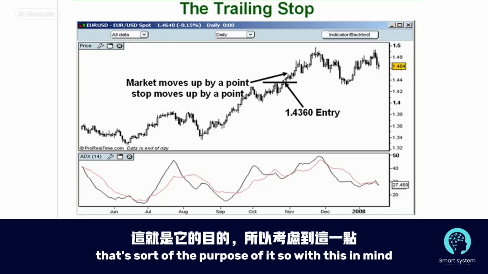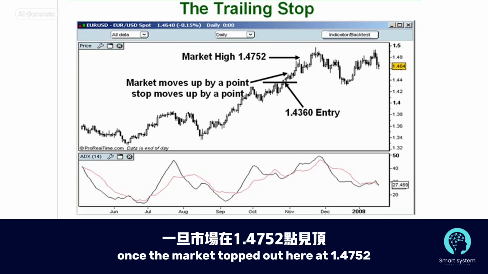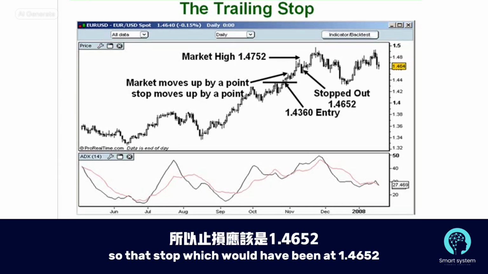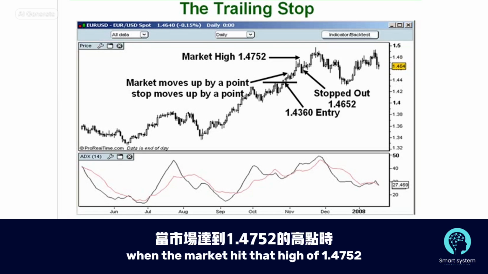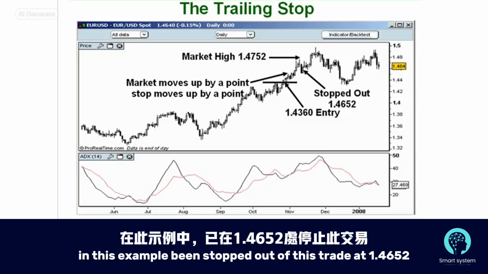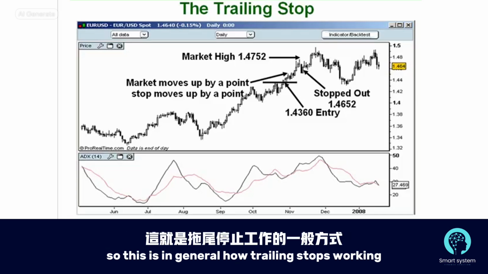So with this in mind, once the market topped out at 1.4752, it did pull back 100 points. That stop, which would have been at 1.4652 when the market hit that high of 1.4752, would not have moved backwards as the market pulled back down, and we would have, in this example, been stopped out of this trade at 1.4652. So this is in general how trailing stops work.